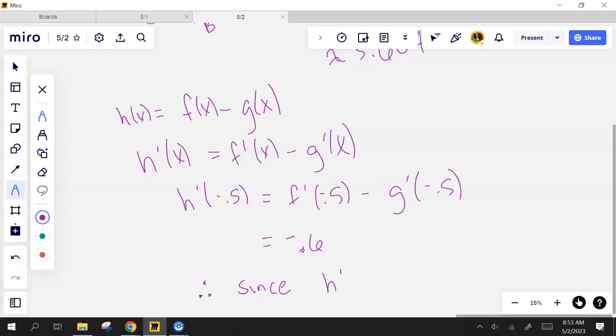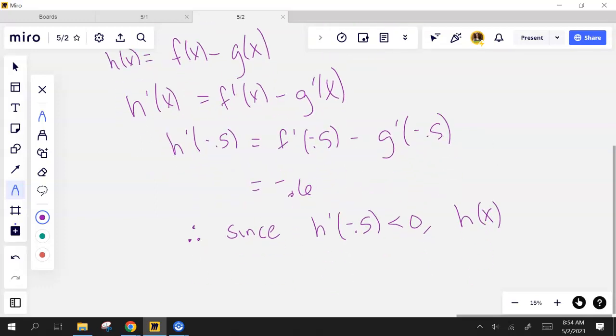Since the derivative at negative 0.5 is less than 0, h of x is decreasing when x equals negative 0.5. 1 point for finding the derivative, 1 point for the answer. 2 points.